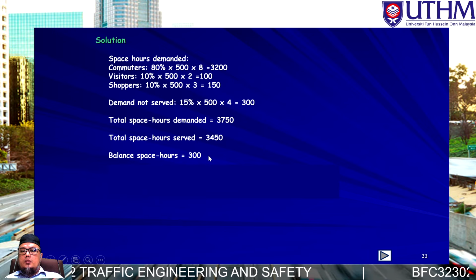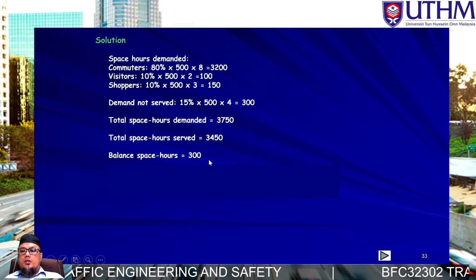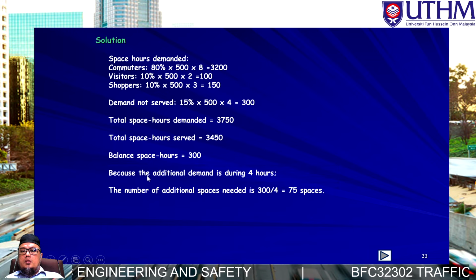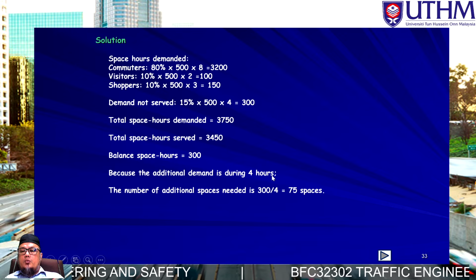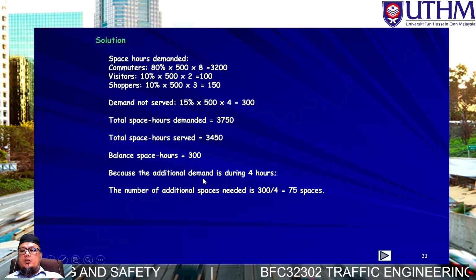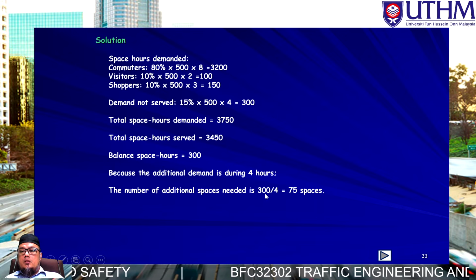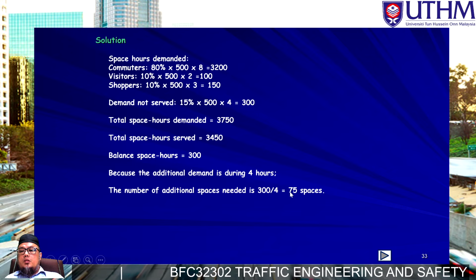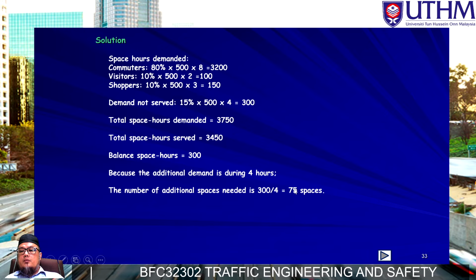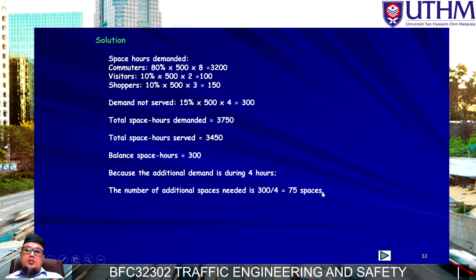You just deduct this. Now we can consider the additional demand during the 4 hours. The number of additional parking spaces to be considered is 300 divided by 4 hours, so we need an extra 75 additional spaces.